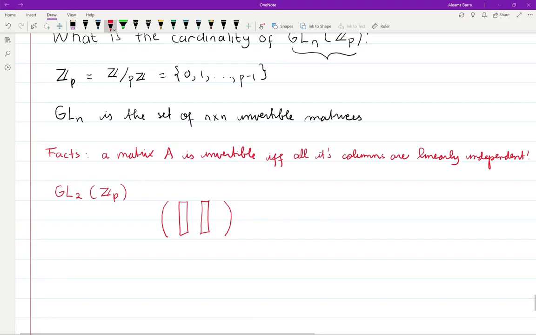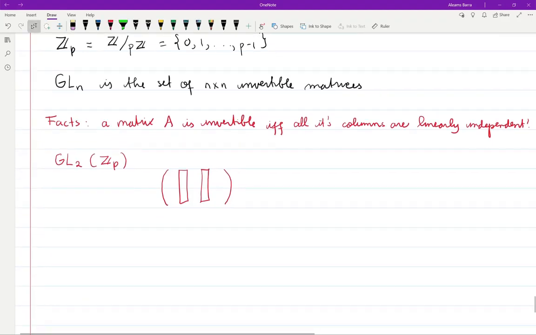Okay, so first of all, the first column can be any vector but the zero vector. Why is that so?